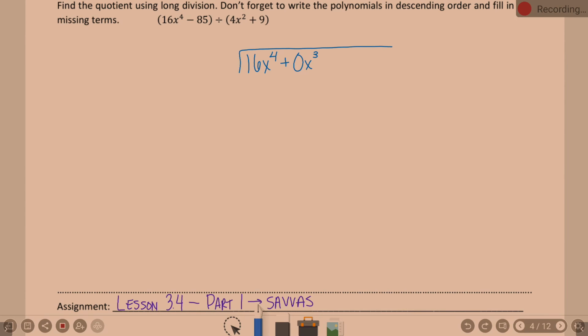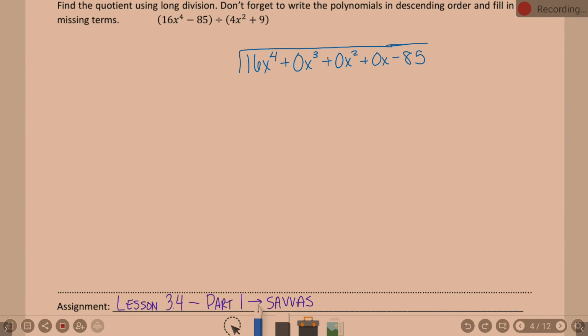After the third, there should be a second. After the second, there should be a first. After a first, there should be a constant, which is minus 85. So 16x to the fourth plus 0x cubed plus 0x squared plus 0x minus 85.